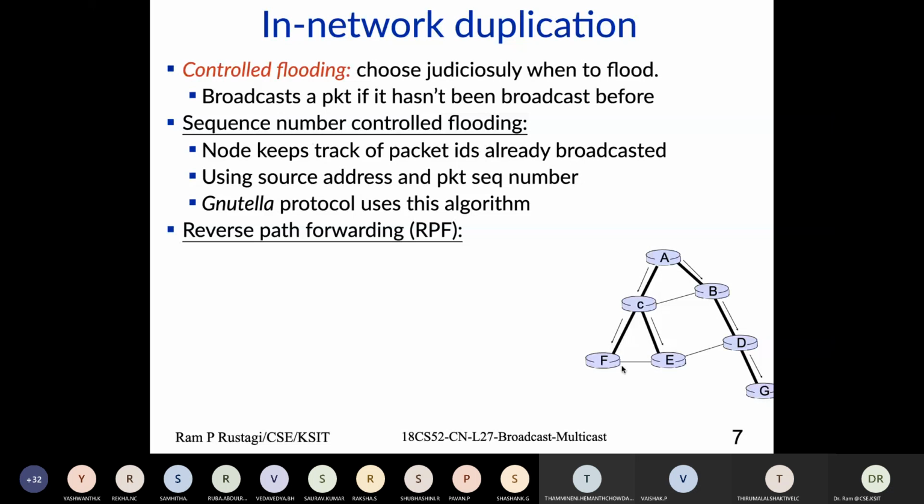That way it doesn't have to remember in memory what packets it has forwarded, but it still needs to do computation to check whether it is on the shortest path or not. In the same way, when E receives a packet from D which was sent by A, E would not forward the packet again, because D is not on the shortest path from E. The shortest path to A from E is E, C, A. So if the packet comes via F, it does not get forwarded. If packets come from A, B, D, E, again this is not forwarded because D is not on the shortest path. This mechanism is called reverse path forwarding.